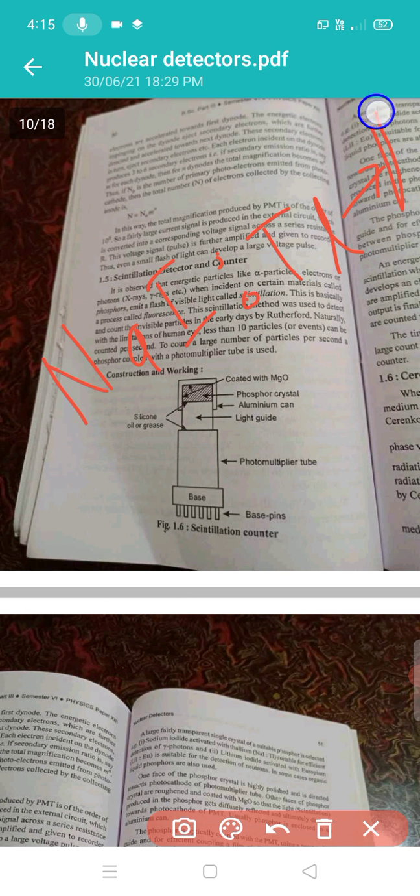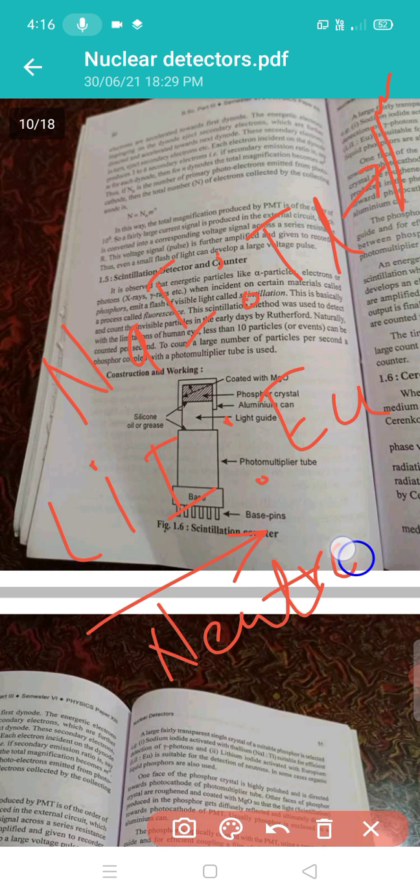These are for the gamma photons or gamma particles. Second, lithium iodide activated with europium is suitable for the detection of neutrons. This one is for the neutrons.